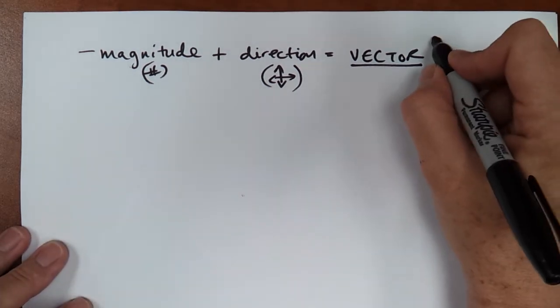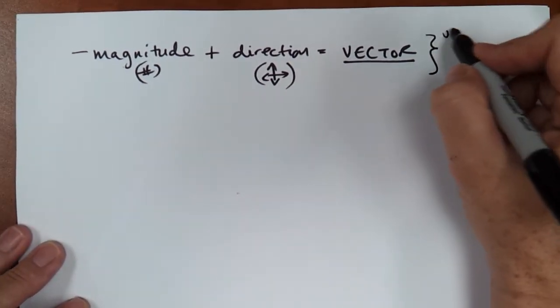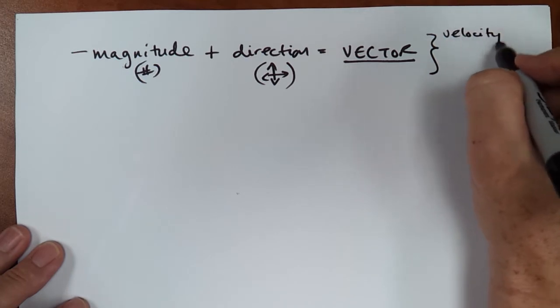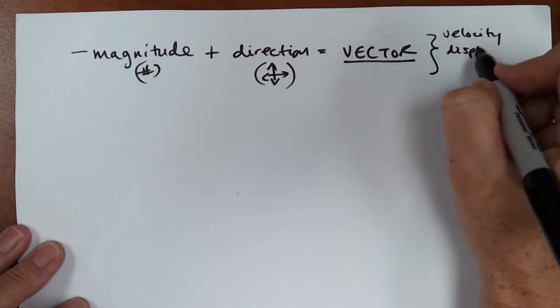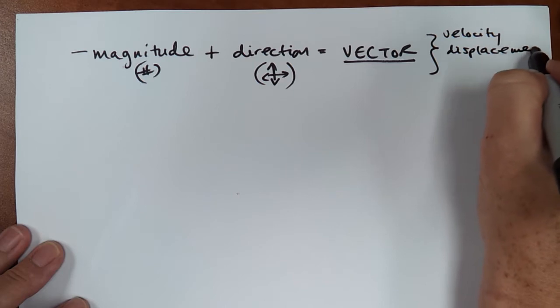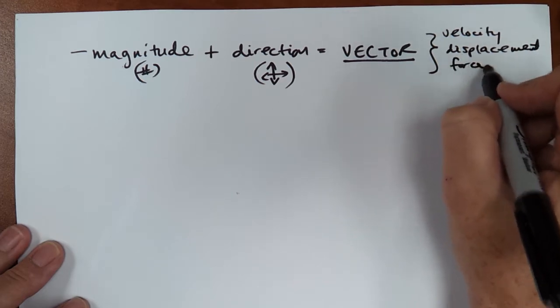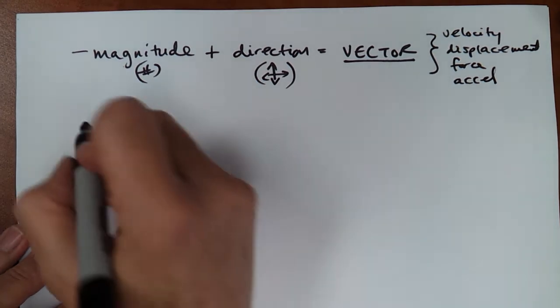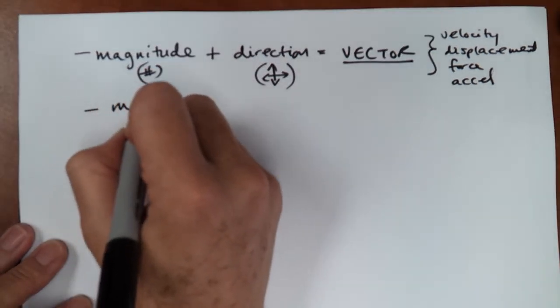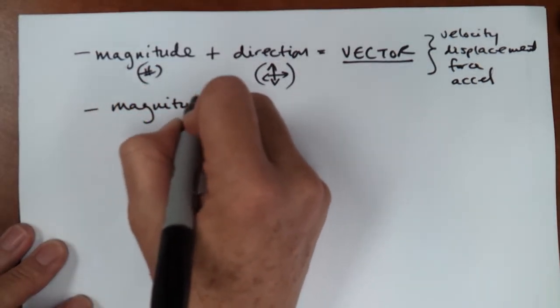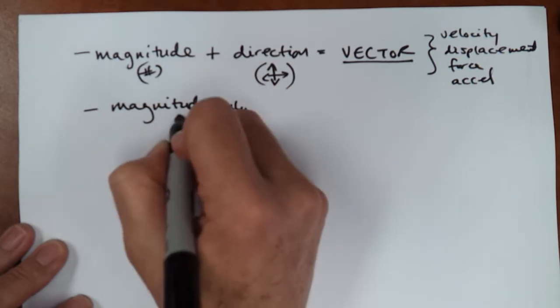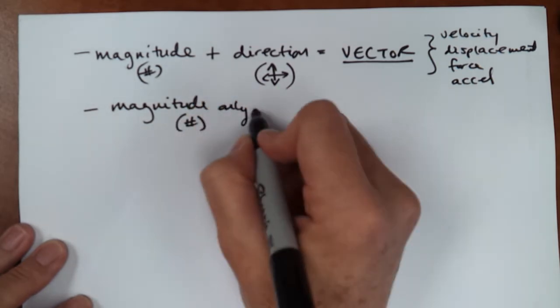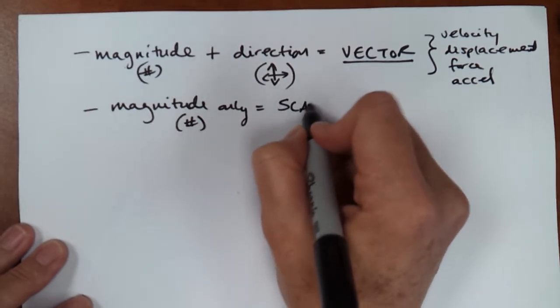And so you can think about vectors might be velocity, displacement, force, acceleration, all those things. When we have just magnitude only, so it is just the number, then we have a scalar.